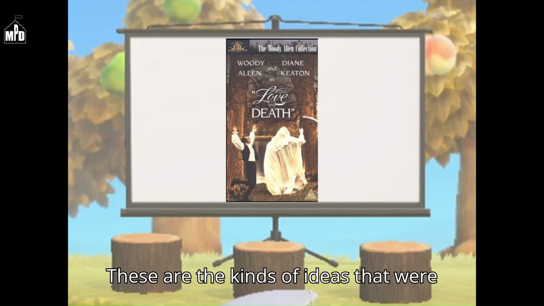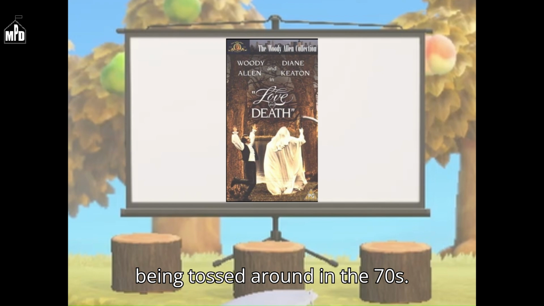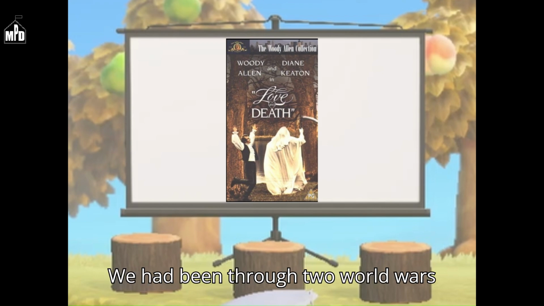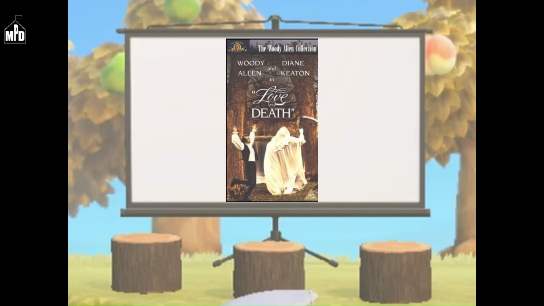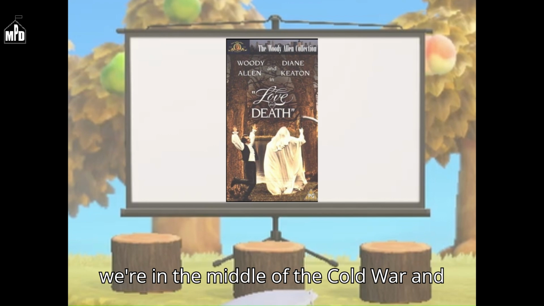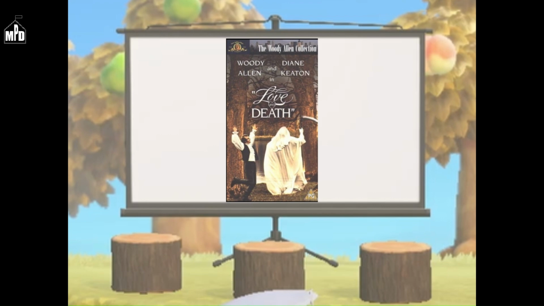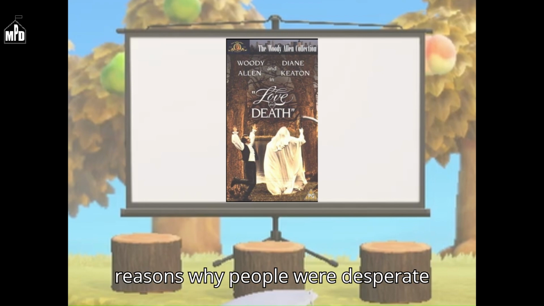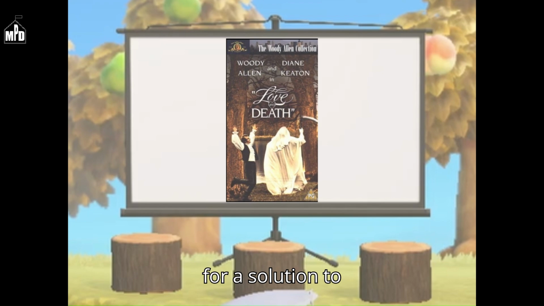These are the kinds of ideas that were being tossed around in the 70s. We had been through two world wars by this time, and this is just after we had left Vietnam. We're in the middle of the Cold War and the nuclear threat. So there are reasons why people were desperate for a solution to world peace.